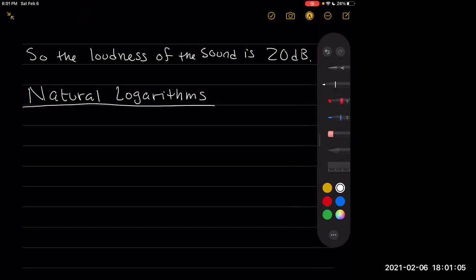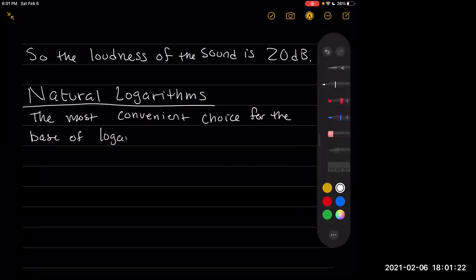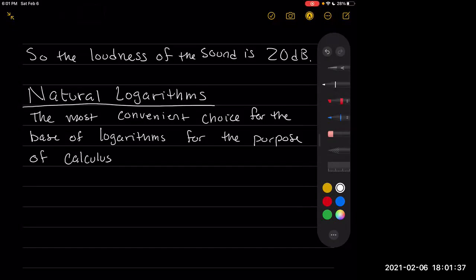So the most convenient choice for the base of logarithms for the purpose of calculus, which a lot of you will move on to, is the number e.